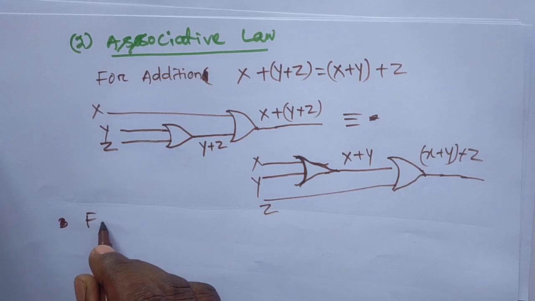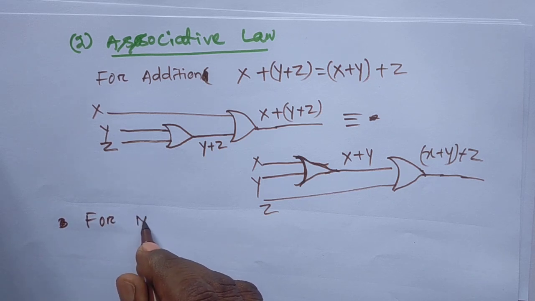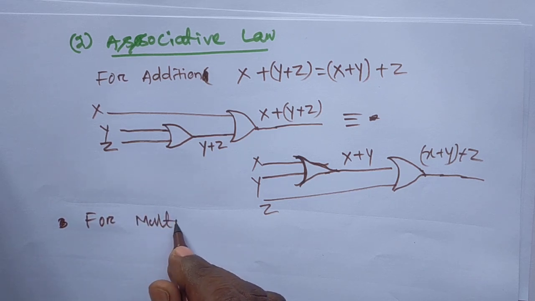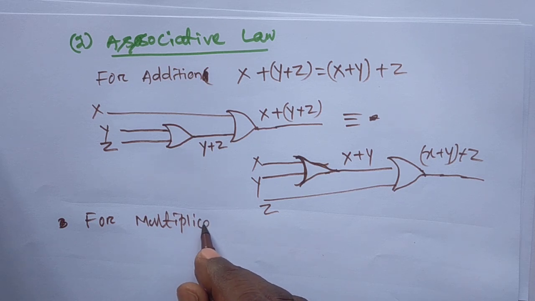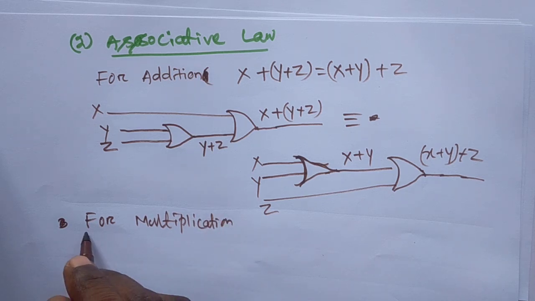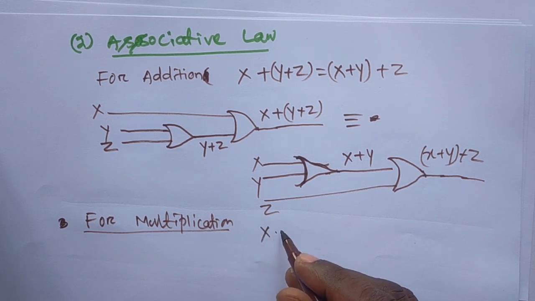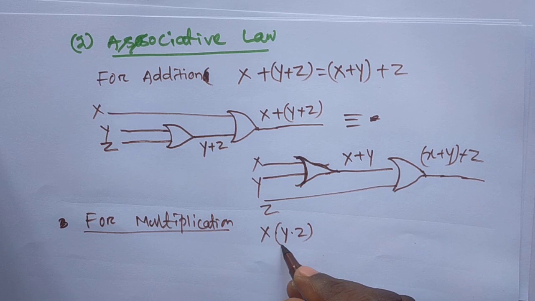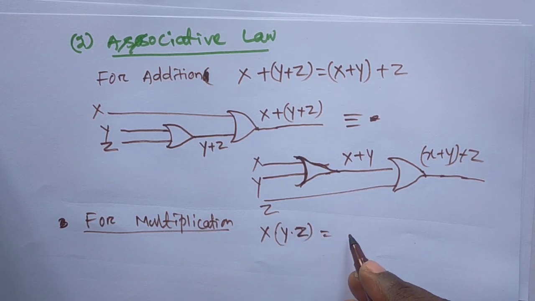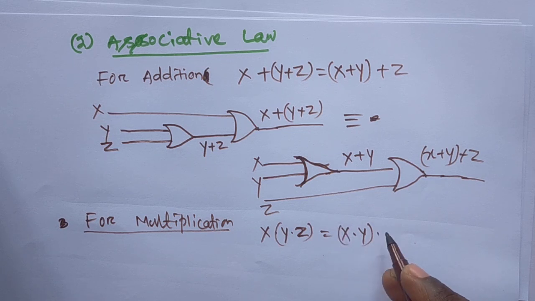Next, for multiplication. For multiplication, what do you write? Very simple way: x y dot z is equal to x dot y dot z. In this way we can define.